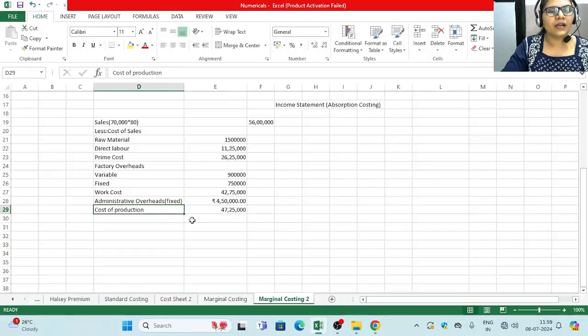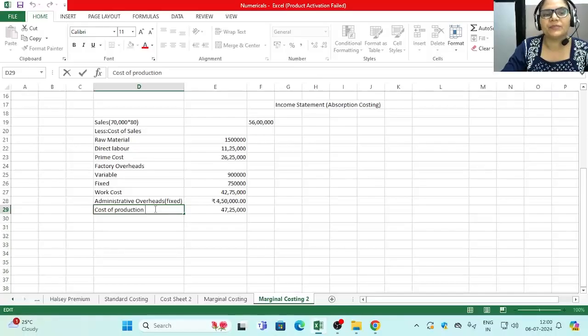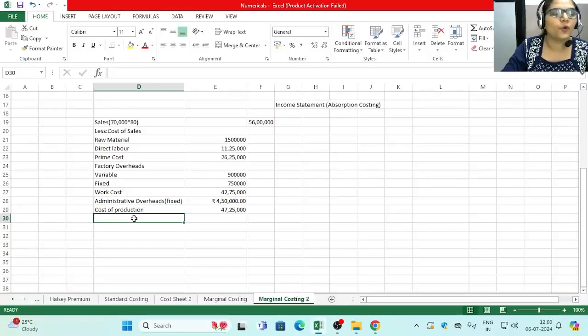Now, as we have been given closing stock and opening stock, when we are preparing an income statement as per absorption costing, we need to adjust the values of opening stock and closing stock in this absorption costing statement.